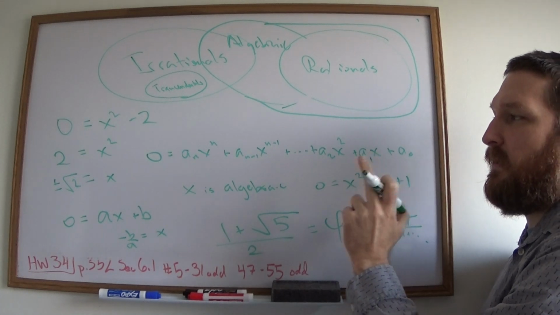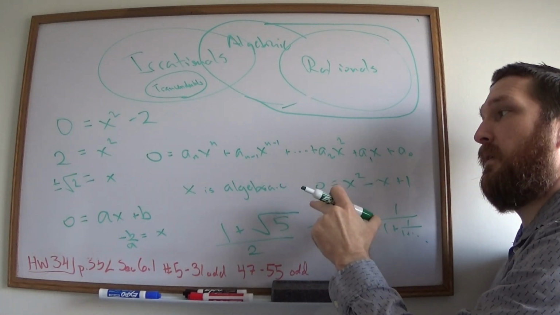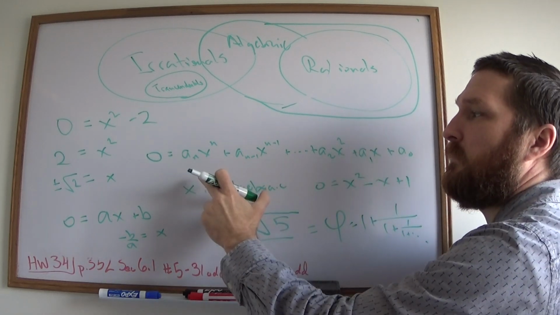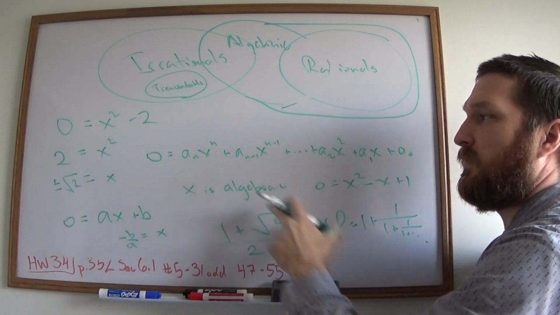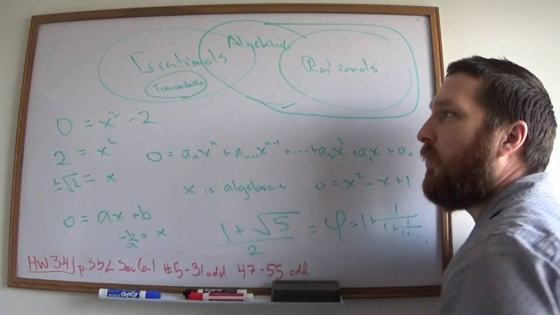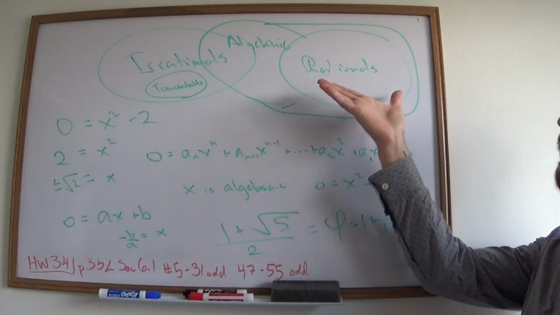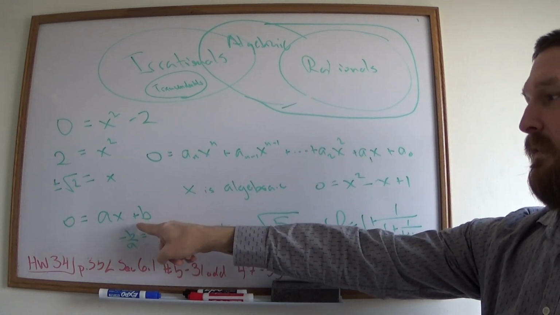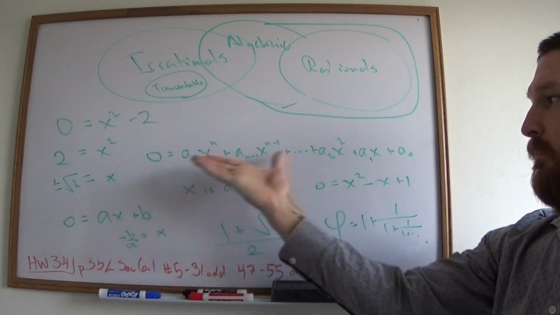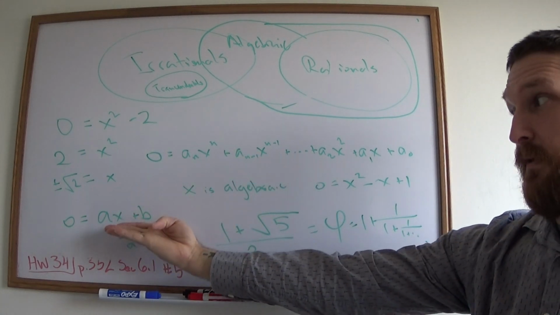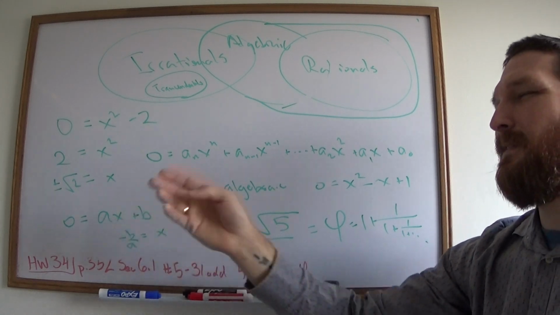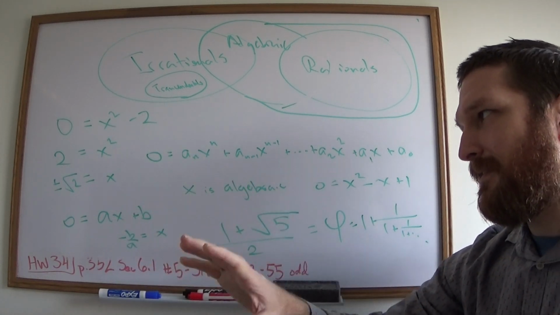If there is no rational polynomial for which x is a solution, then it's transcendental. They're always irrational, because every rational number can be written like this, and it therefore is a solution to some polynomial with rational coefficients. It's technically integer coefficients, it's the same thing.